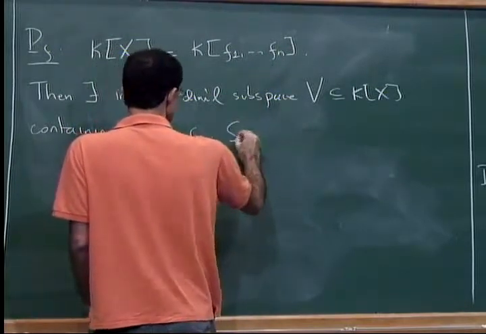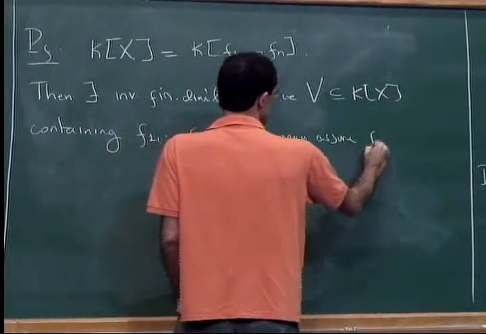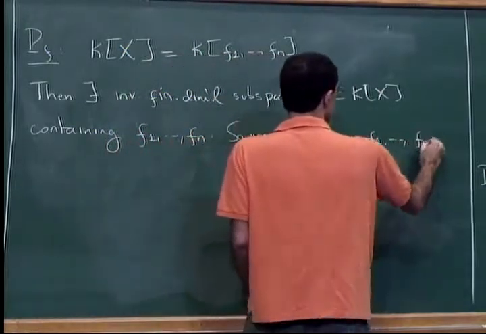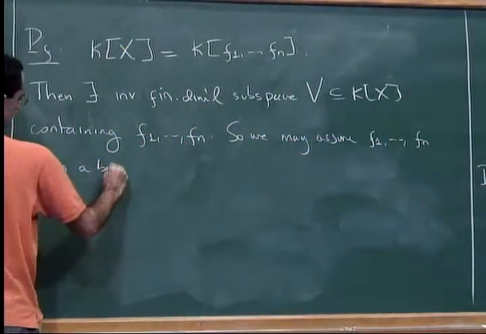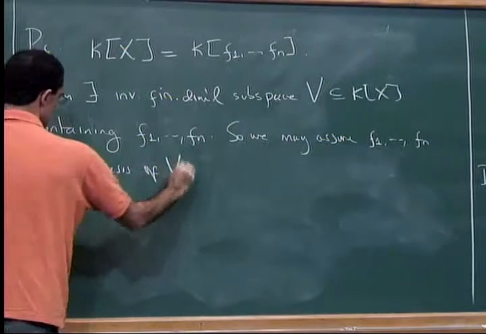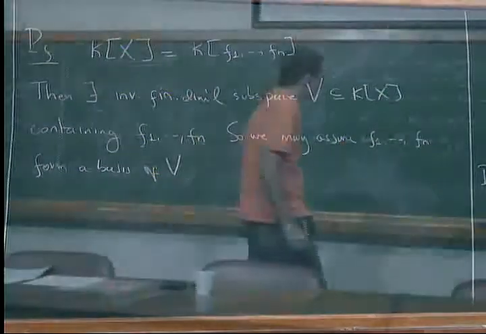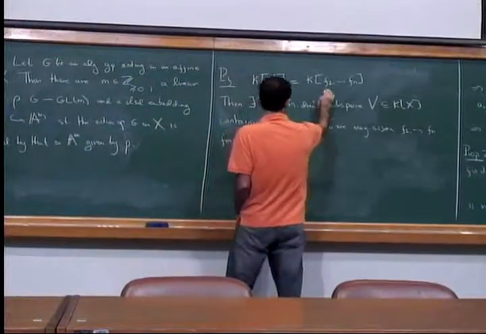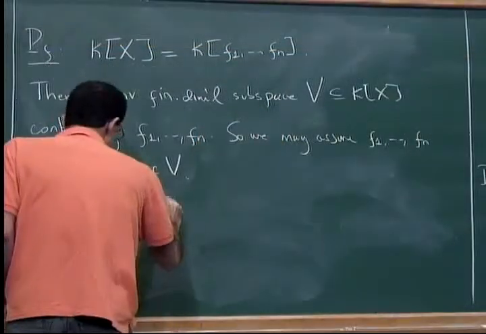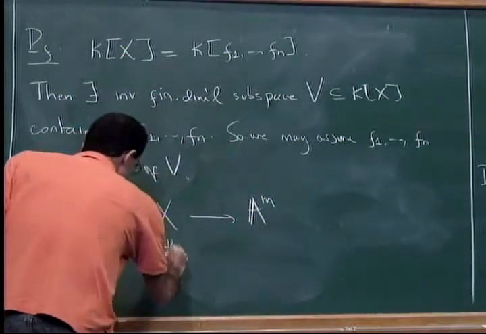So we may assume that F1 up to Fn form a basis of V. Okay, so just by expanding the number of generators to form a basis. And so, since we have this, we have an embedding of X into A^m given exactly by these functions.